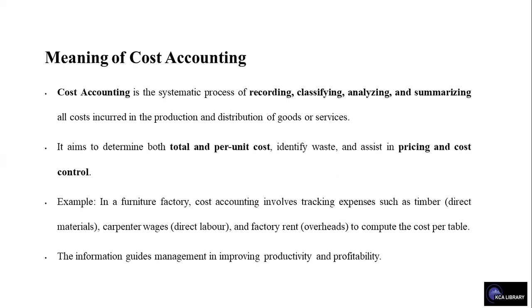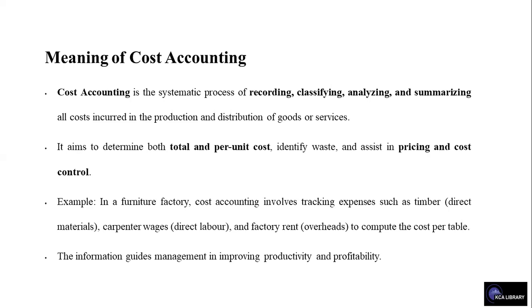What do we mean by cost accounting? It is a systematic process of recording, classifying, analyzing, and summarizing all costs incurred in the production and distribution of goods and services, and it aims to determine both total and unit costs, identify waste, and also assist in pricing and cost control.